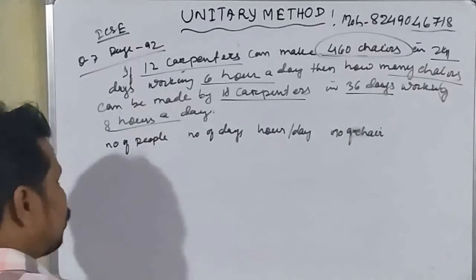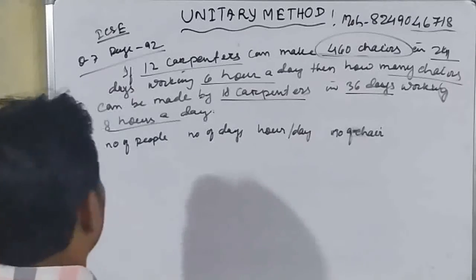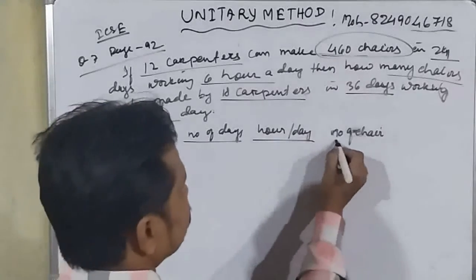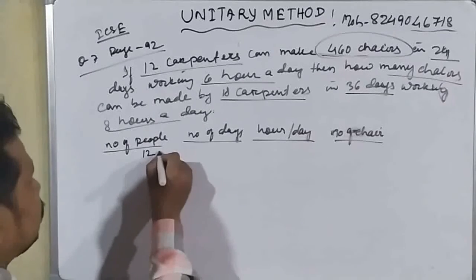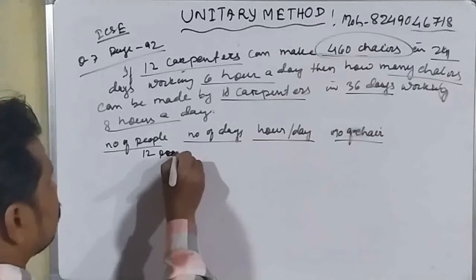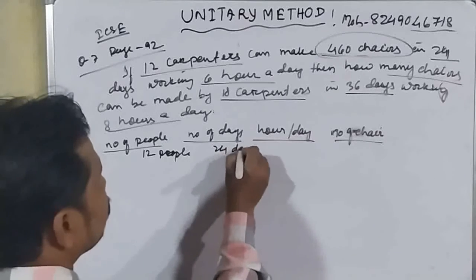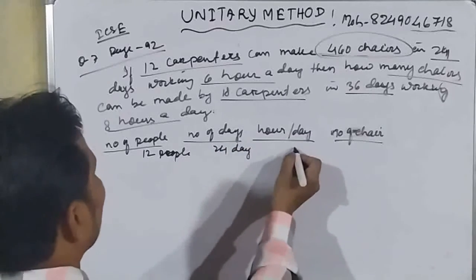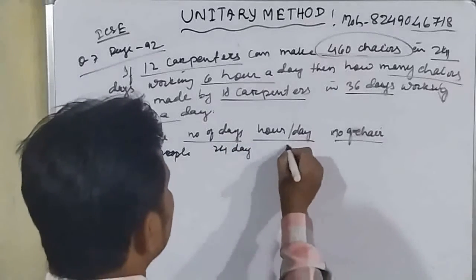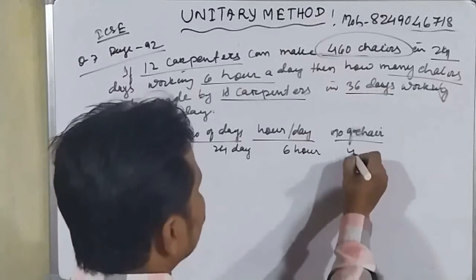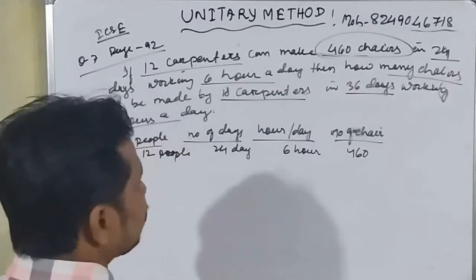Okay, student? So, here we can write number of people. What is given? That 12 number of people. Okay, 12 people. Number of days is 24 days, and time is 6 hours per day. And number of chairs is 460. Okay, student?